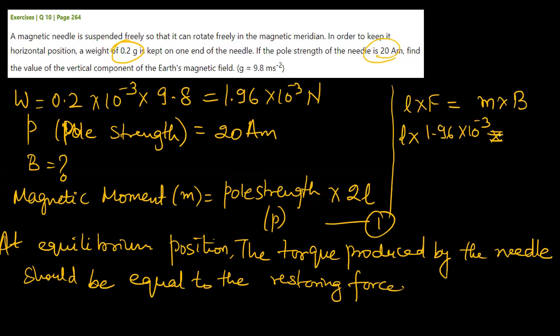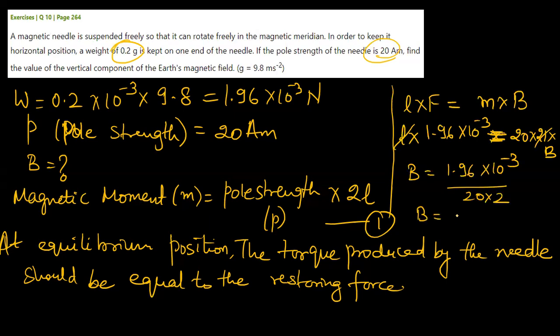So I'll write it as pole strength 20 into 2L into B. So you can see L getting cancelled from both sides. So I can write B is equal to 1.96 into 10 to the power minus 3 upon 20 into 2. Here there is 2L, right? 2 is left out over here. So when you solve this, you get B as 4.9 into 10 to the power minus 5 Tesla.